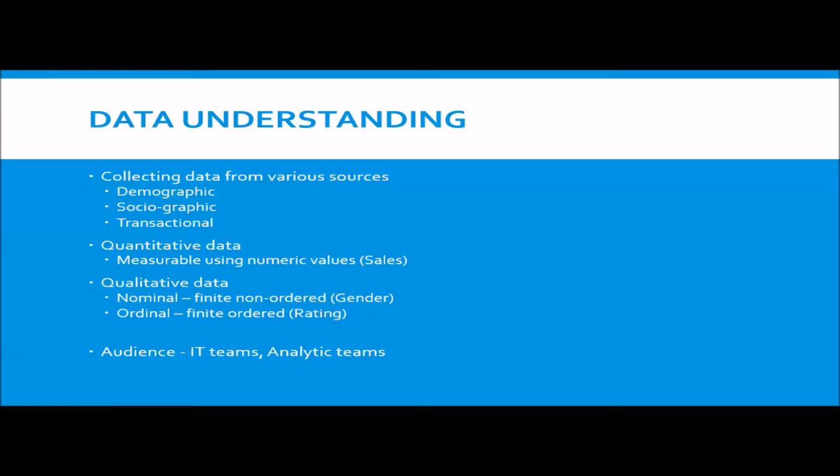And then we've got the idea of qualitative data, right? And this is data that is typically text-based, but for data mining purposes, we're ultimately going to have to code it, right? So there's the idea of nominal data, finite, non-ordered, things like gender, and then there's ordered stuff like ratings, like good, bad, or indifferent, where it's finite and it's ordered.